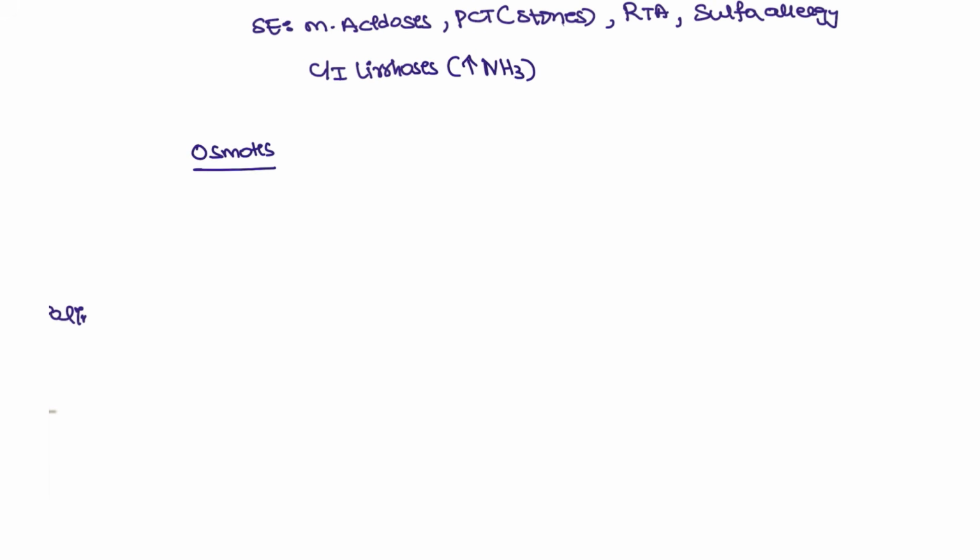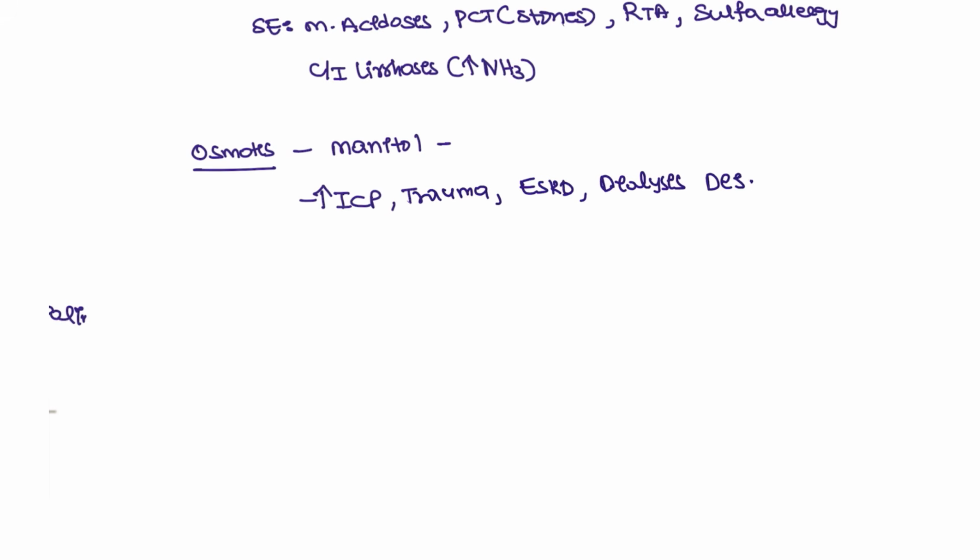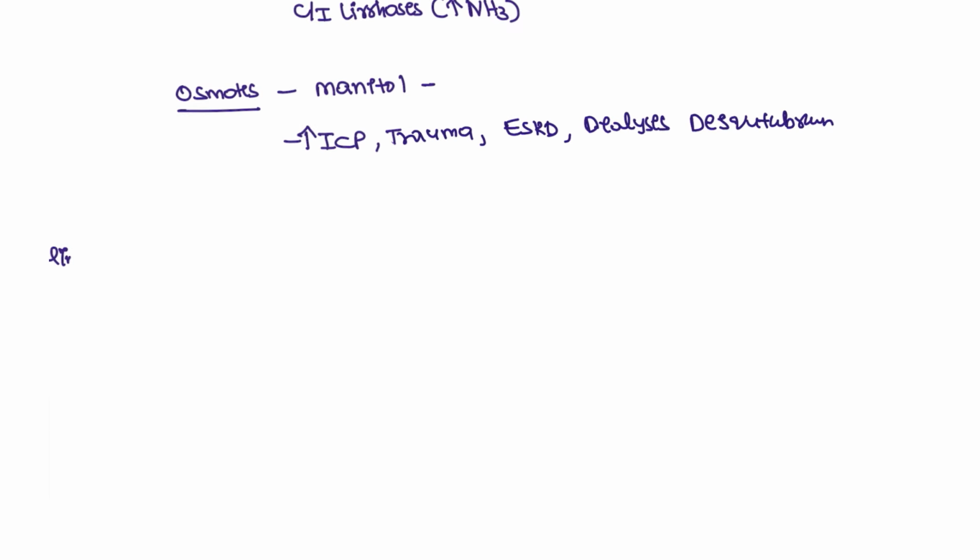Next, osmotics. The best drug of the osmotics is mannitol. Mannitol is given for patients with increased intracranial pressure, and most trauma patients. End stage renal disease patients can be given this, and also those undergoing dialysis, in the condition of dialysis disequilibrium, we can also give this drug.